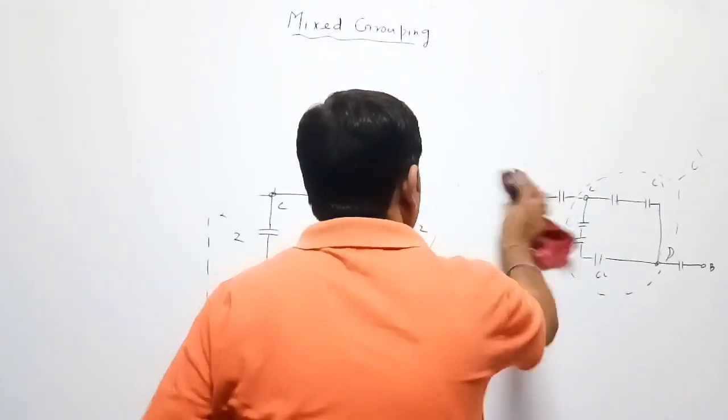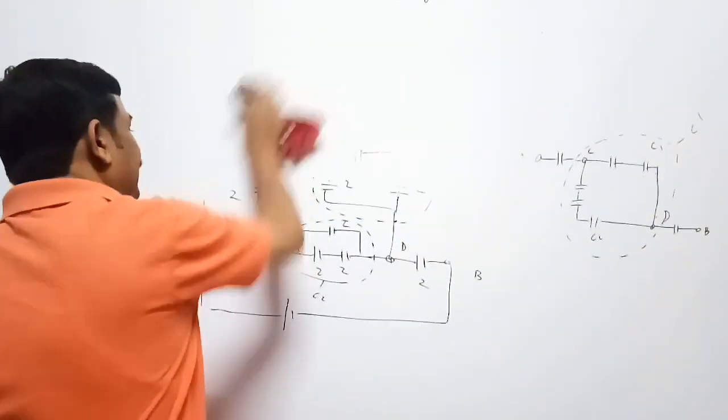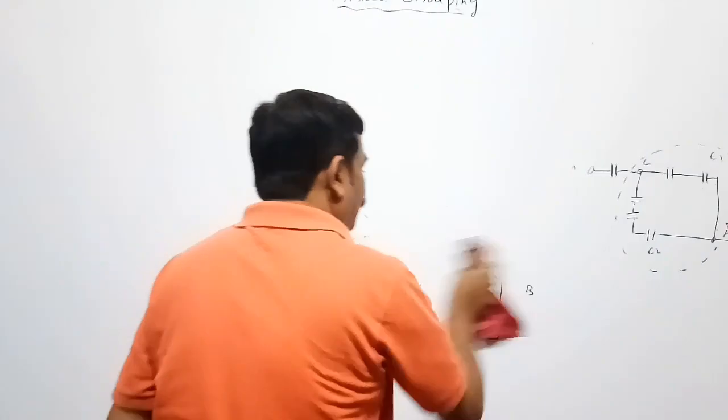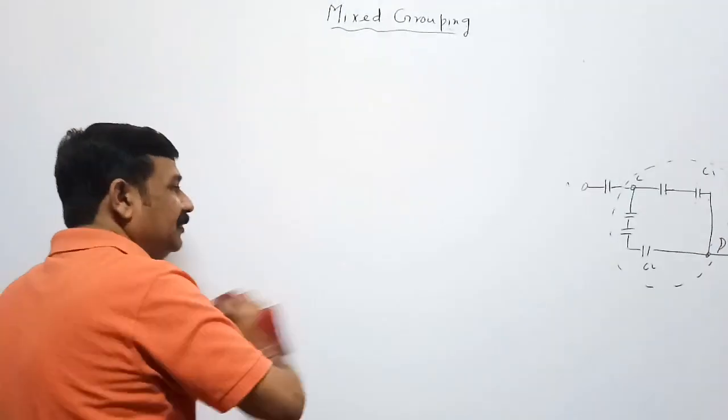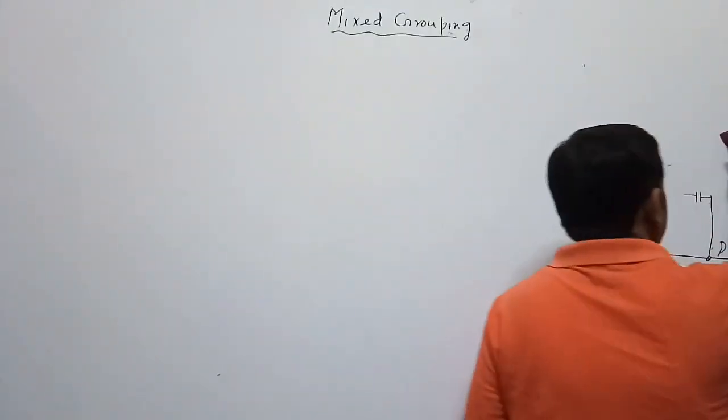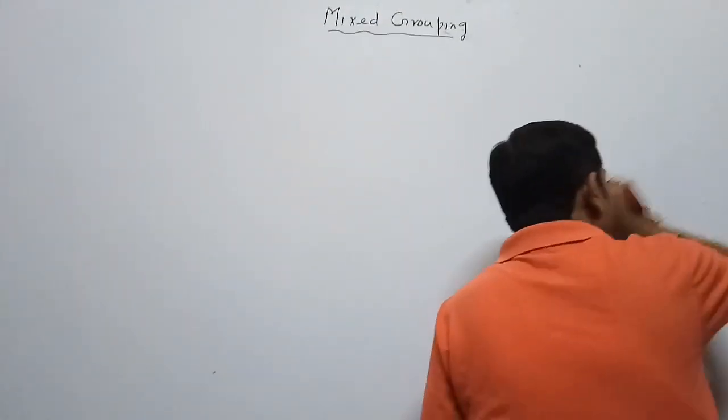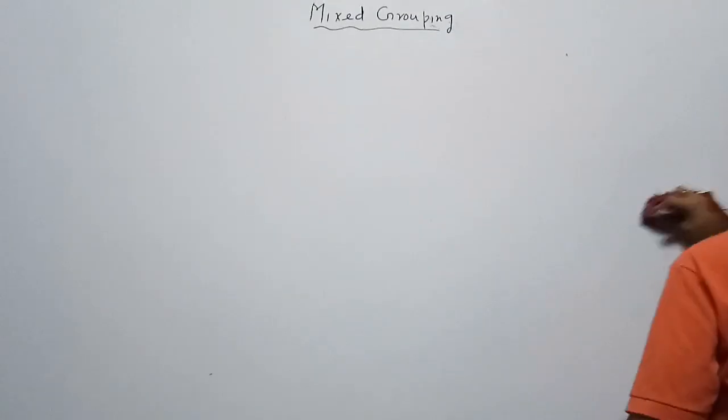Third is finite ladder type circuit. Ladder means CD. Such type of circuits in which capacitors are connected just like the branches of a ladder.